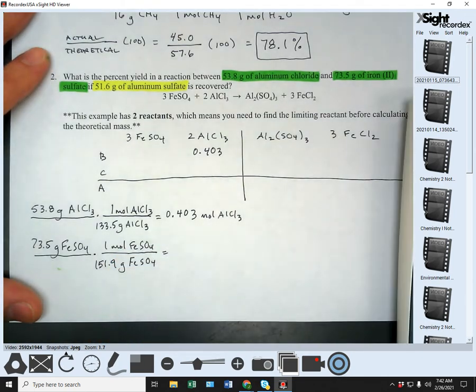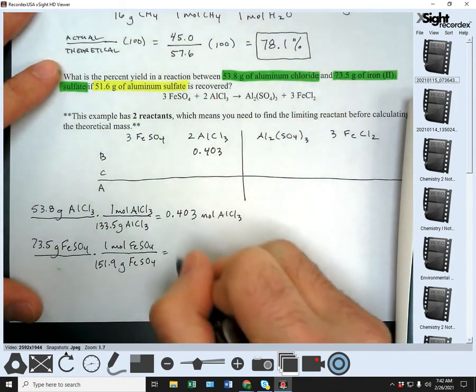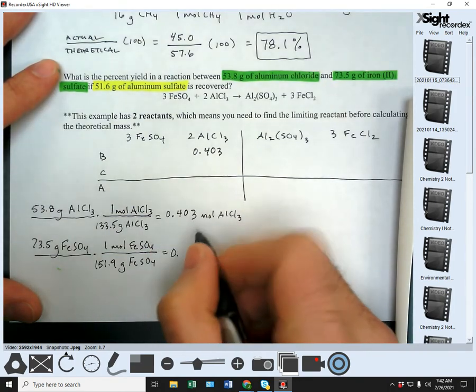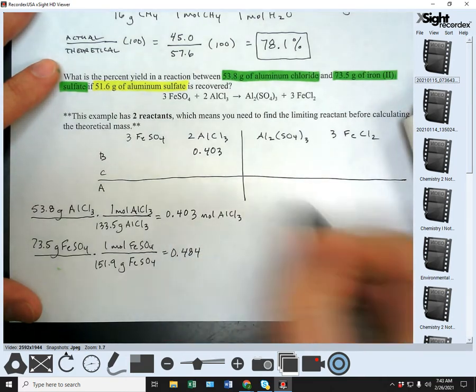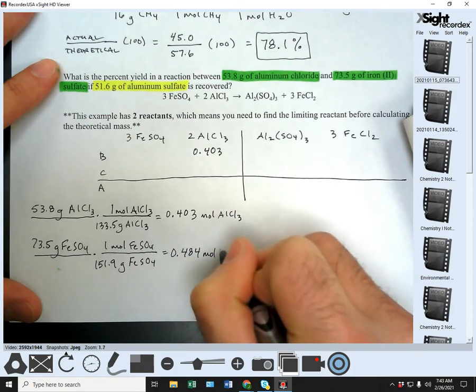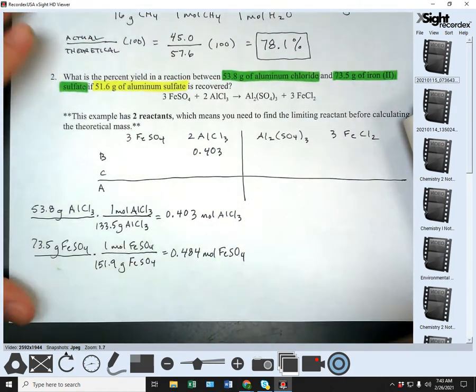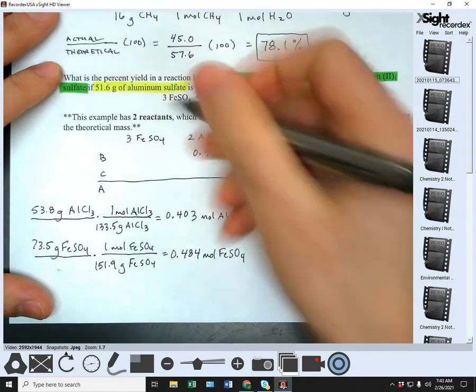Okay, so we do 73.5 divided by 151.9 gives me 0.484 moles of the FeSO4. Okay, that goes here.